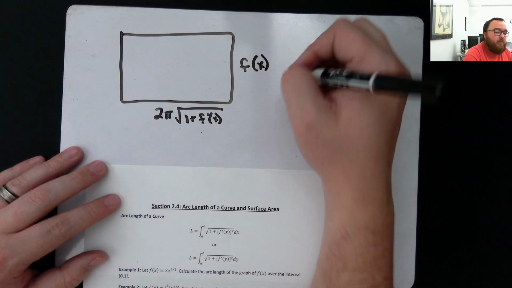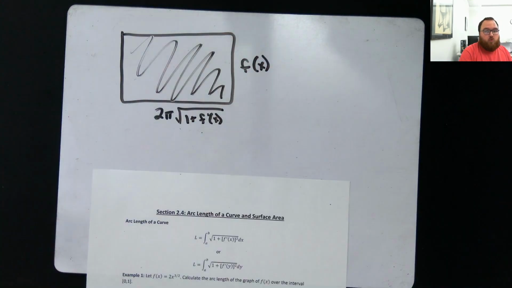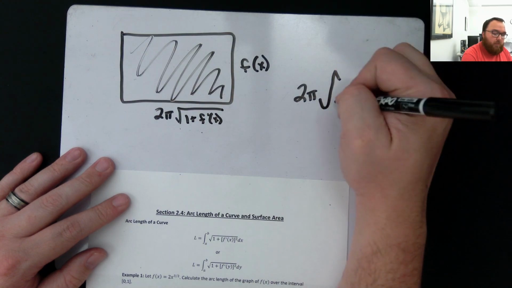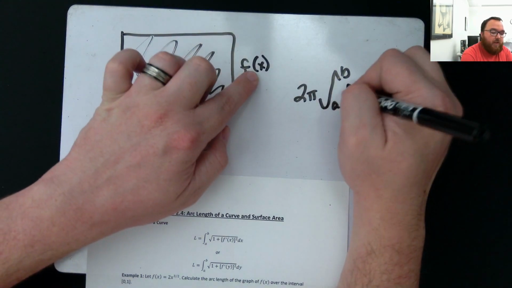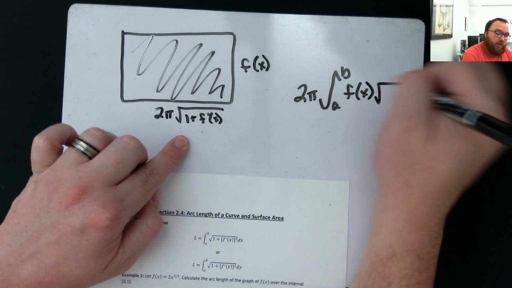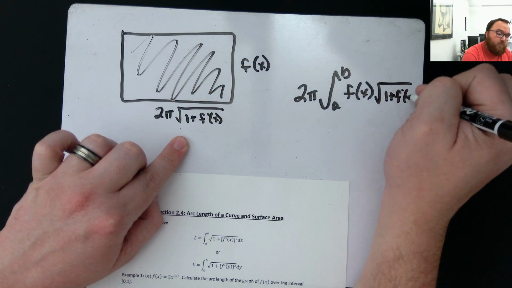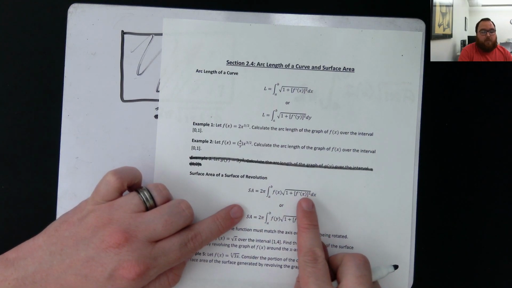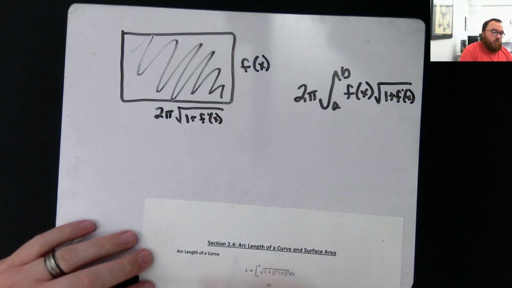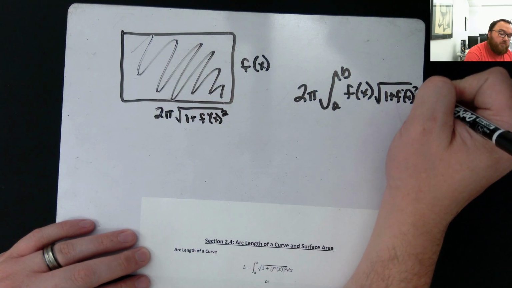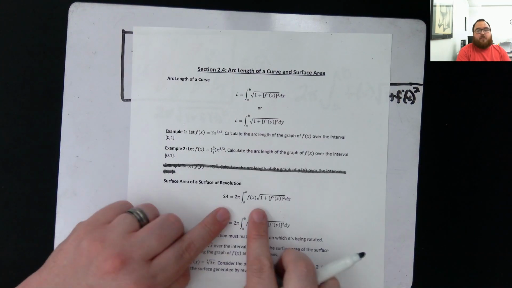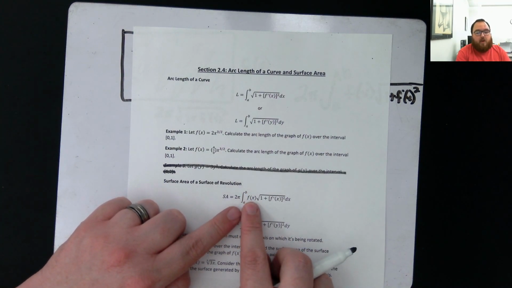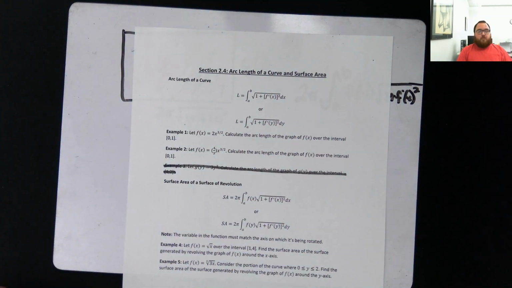So this time, the area of this place in here, which is what I want, is going to be 2 pi integral from my bounds of f of x times my arc length, which is where they get this from. And again, it also works in place of the y. Sorry, this should have been the derivative squared. That's where they get this from. It's my length times my height, and my height is going to be the function.